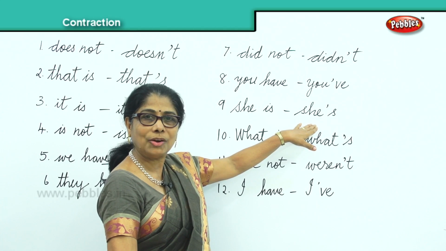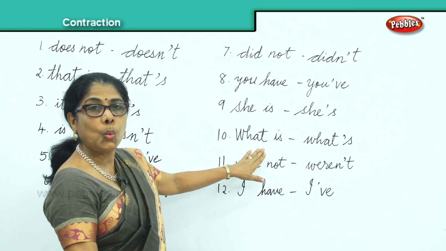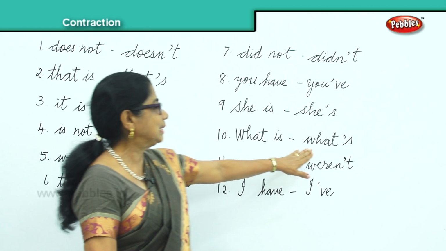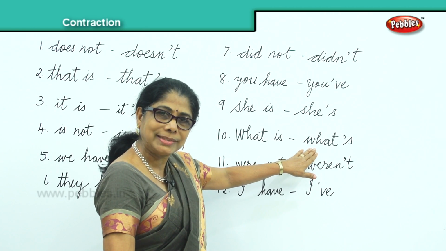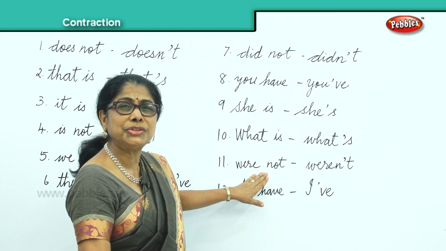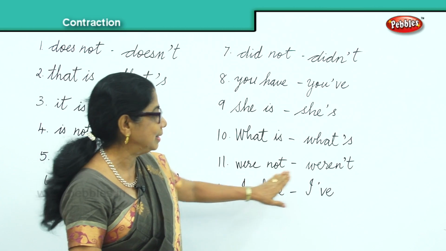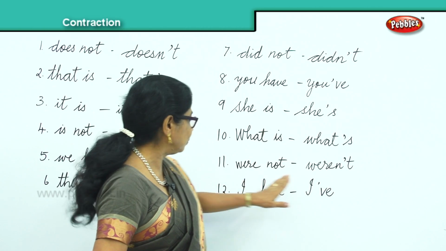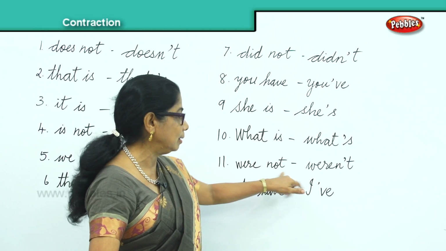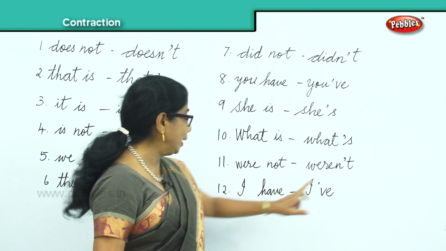She's a naughty girl. What is the matter? We'll say, what's the matter? Were not. She was not here yesterday. She weren't. Were not, weren't.